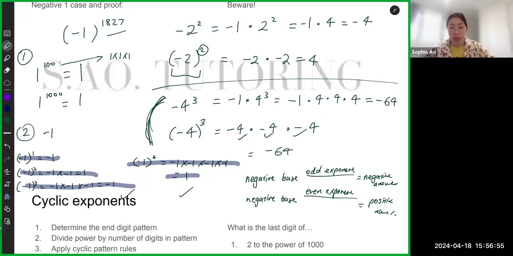We don't want to just accept it. Don't accept it just because I tell you, everyone. I want you to question it for yourself. Why exactly is this true? Well, when something's raised to an odd exponent, we have an odd amount of negative signs, for example with the 3 over here. So you have 1, 2, 3 negative signs.